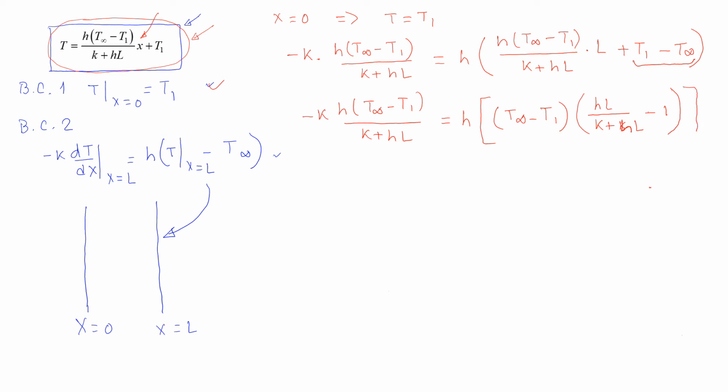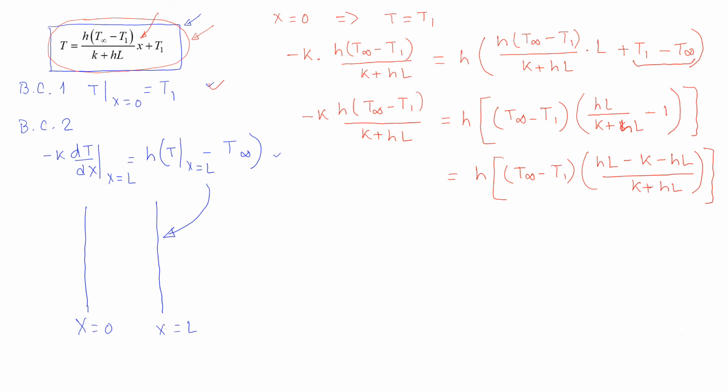So this is equal to h times (T infinity minus T1) times (hL minus k minus hL) over (k plus hL).